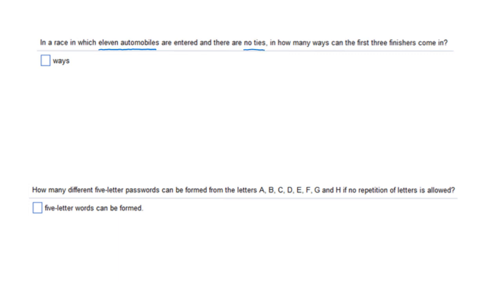And it says, in how many ways can the first 3 finishers come in? So in this case, order matters because you have first, second, and third. So I'm going to make a note to myself, order matters. Therefore, that's helping me lean towards a permutation.